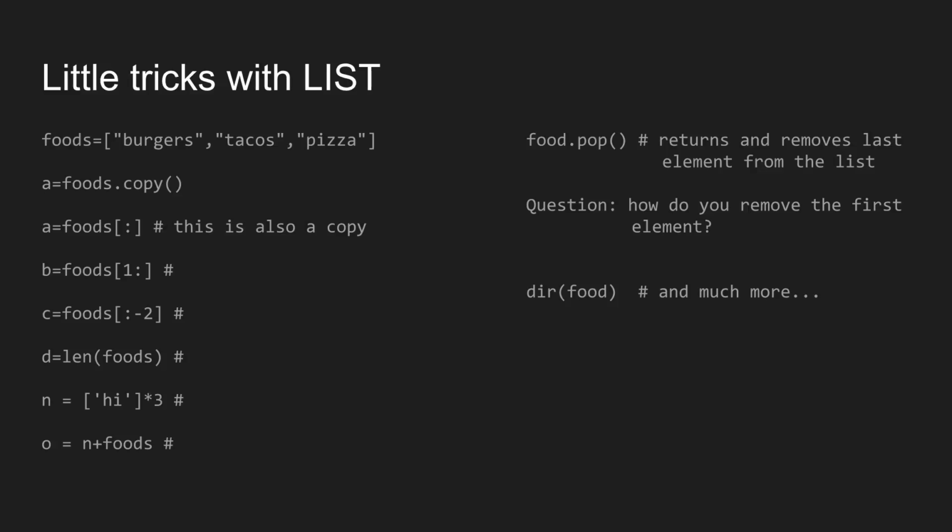And then here we have O equals N plus foods. What are we doing here? Yeah, so we're concatenating 2 lists together. No, this does have an append function, but that appends to the list.